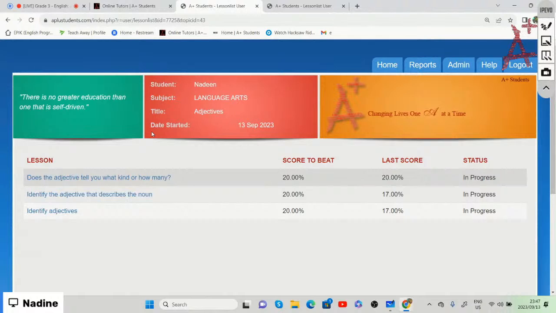Once you've gotten your noun, now you ask yourself, is it telling me what kind of noun? Or is it telling me how many of the nouns are being described? All right, so grade threes, this is now the end of our lesson on adjectives. And we said adjectives describe the noun, and they tell us what kind or how many.